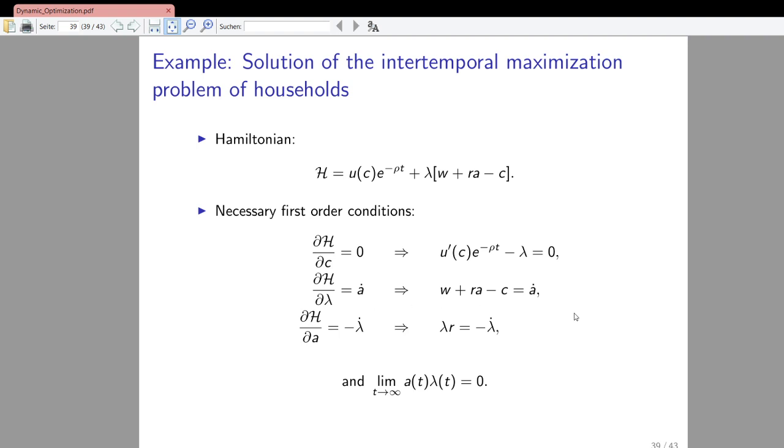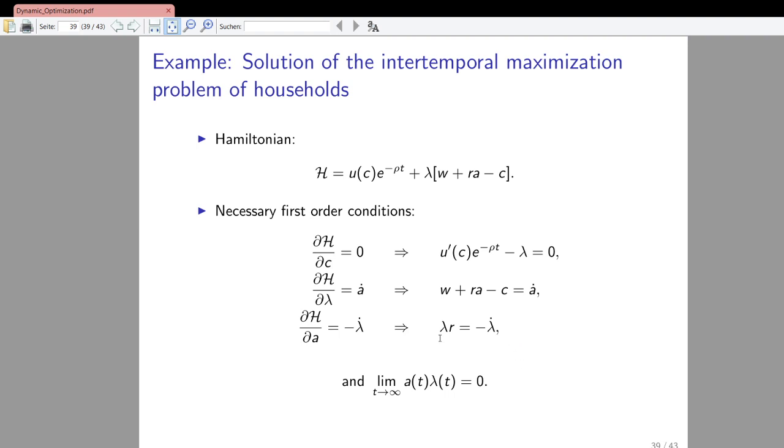And the third first order condition we know is that the derivative of the Hamiltonian with respect to assets must be the negative of the evolution of the co-state variable. If we take the derivative with respect to A, the first part does not depend on assets. We have assets only in the second term in the brackets. So we have lambda times r, and that has to be equal to the negative of the derivative of the co-state variable.